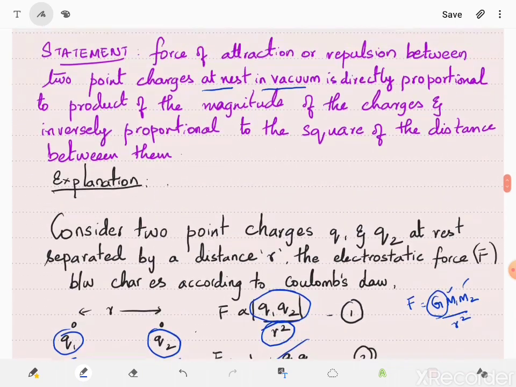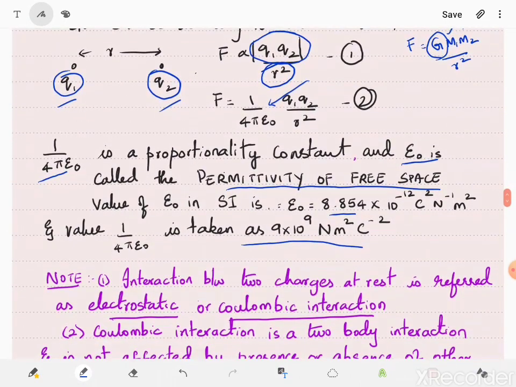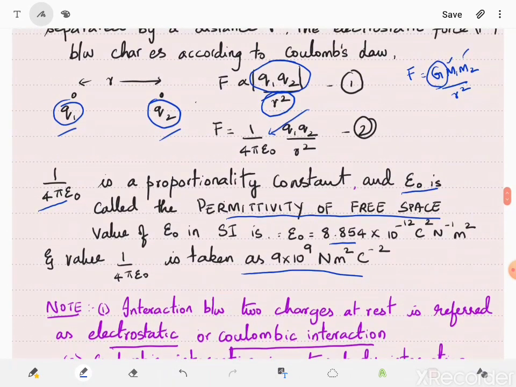Now let us take a look at the important points about Coulomb's law. First point, interaction between two charges at rest is referred to as electrostatic or Coulombic interaction. It is very important to remember that whenever you have two charges at rest, the forces exerted between them are usually called electrostatic or Coulombic interaction.